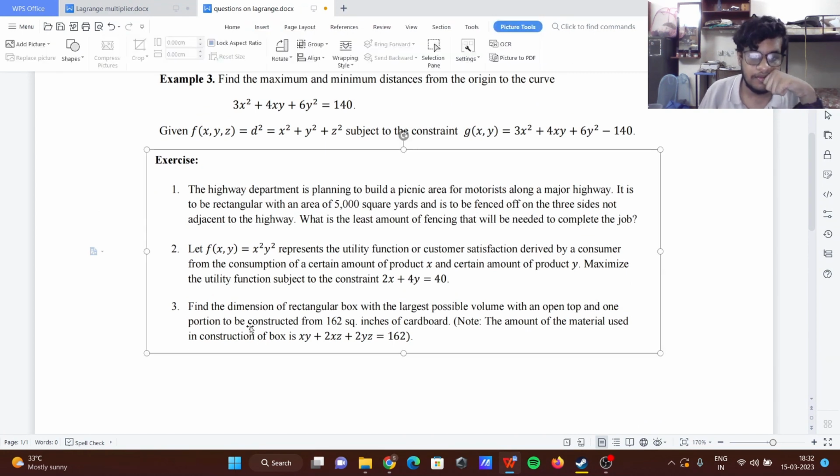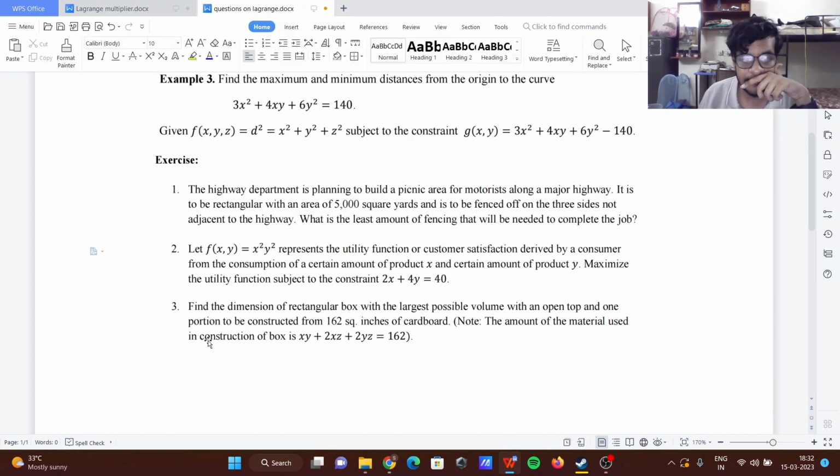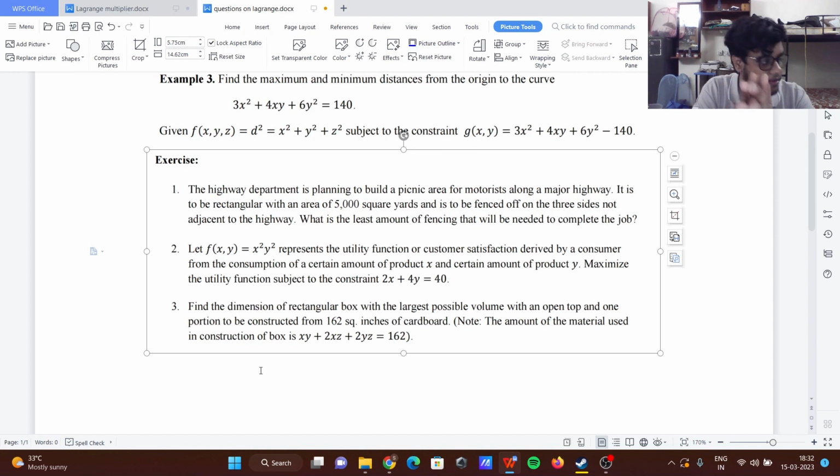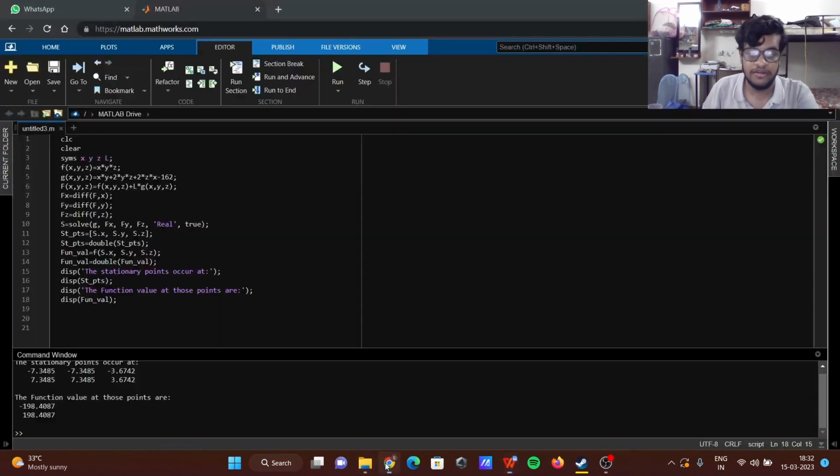Now, the second example doesn't really make that much sense from a realistic point of view. It makes sense from a data point of view, but the third example is very illustrative. You basically get to understand how to optimize a function. Here the function was x star y star z, with respect to the amount of material. Basically this is how real life problems work. So I guess that's it. Thank you.